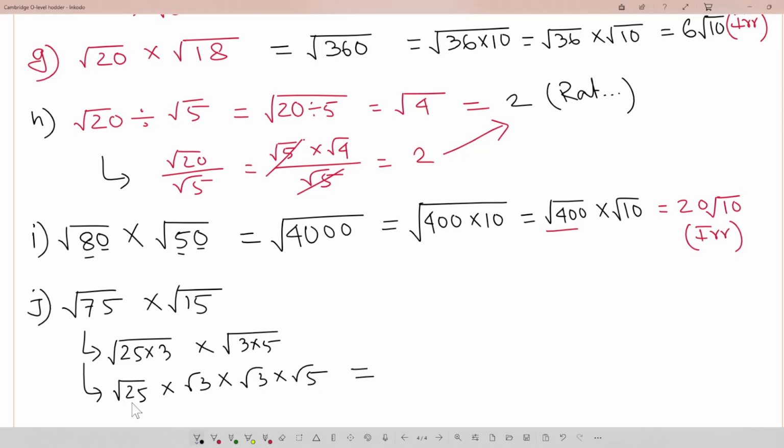Finally, root 25 is 5, times root 3 times root 3 is 3, and here is root 5. So finally we get 15 root 5. Ultimately this one is an irrational number.